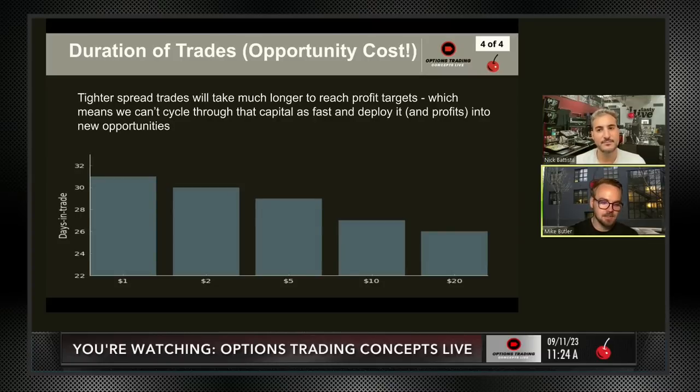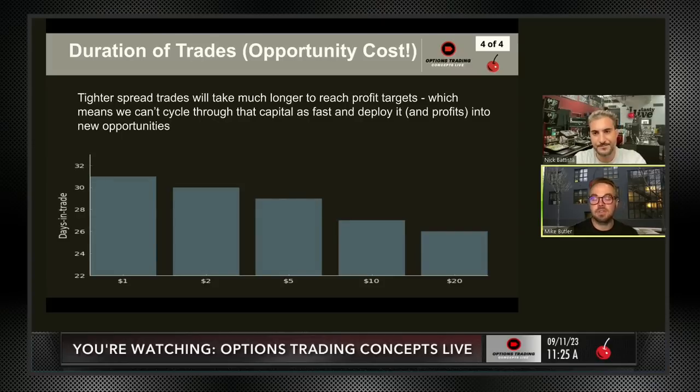And sometimes we get this question of, how do I know relatively based on the stock price if my spread is narrow or wide? Because a 5-point wide spread on a $50 stock is going to be a wide spread, but a 5-point wide spread on a $500 stock is going to be very narrow. So the one thing you can do is just look at the difference in value of your short option that you're selling versus the long option that you're buying to protect your risk in the case of a credit spread.